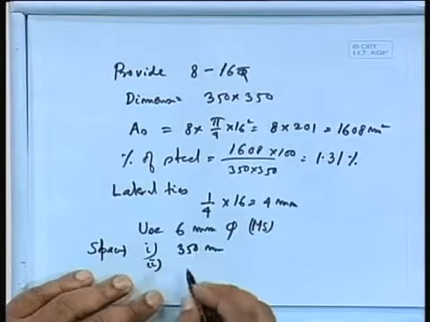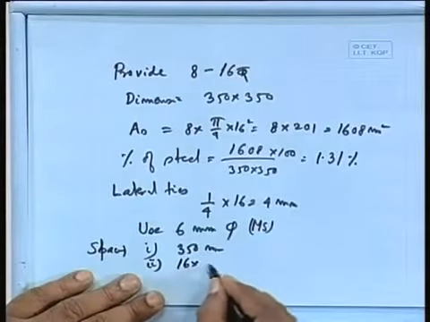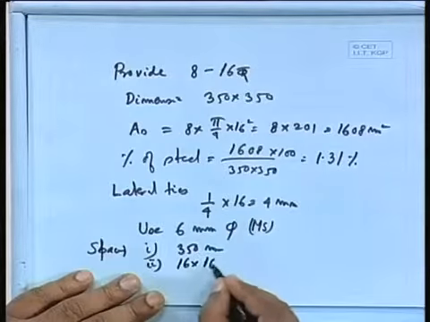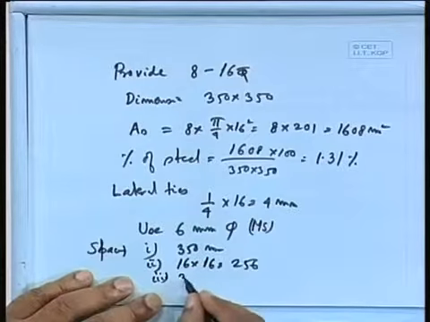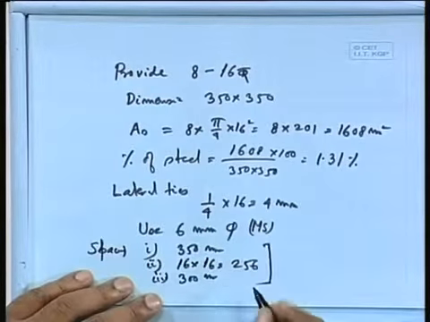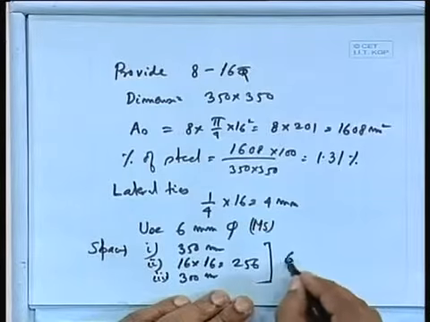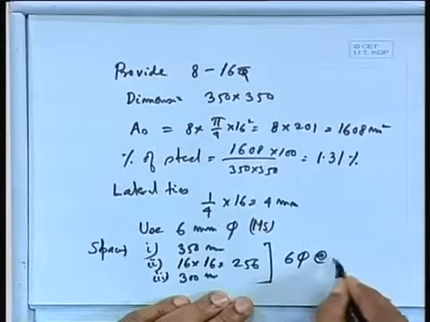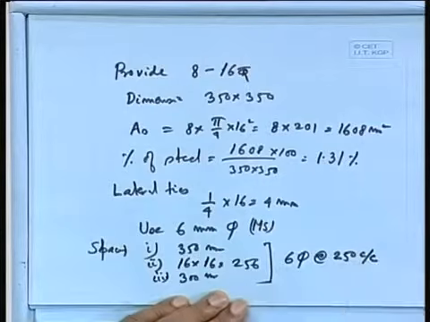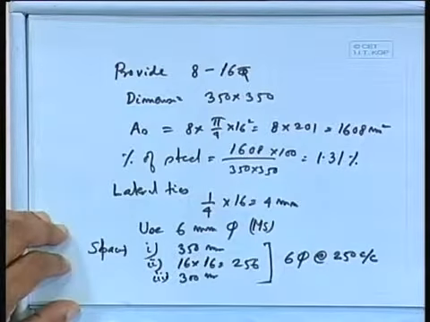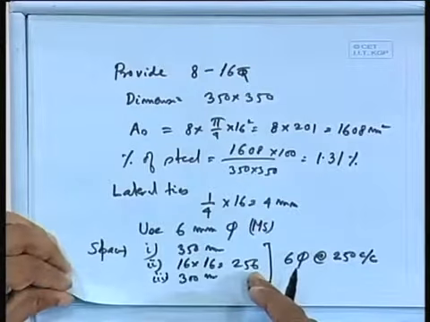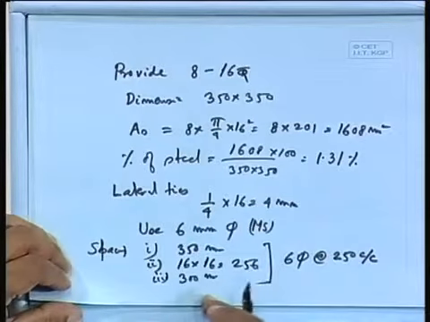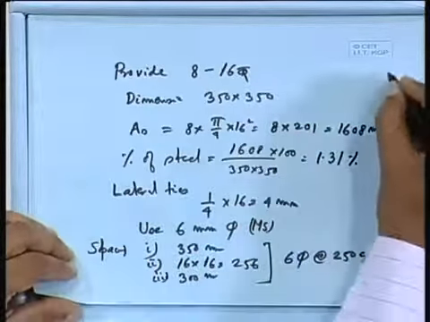Number 2, 16 times the diameter, which is coming as 256, and number 3, 300 millimeter. Out of that, 256 is the minimum. So let us provide 6 phi at the rate of 250 center to center. We are giving 250, so it should not be more than 256. So this is the one we can do.